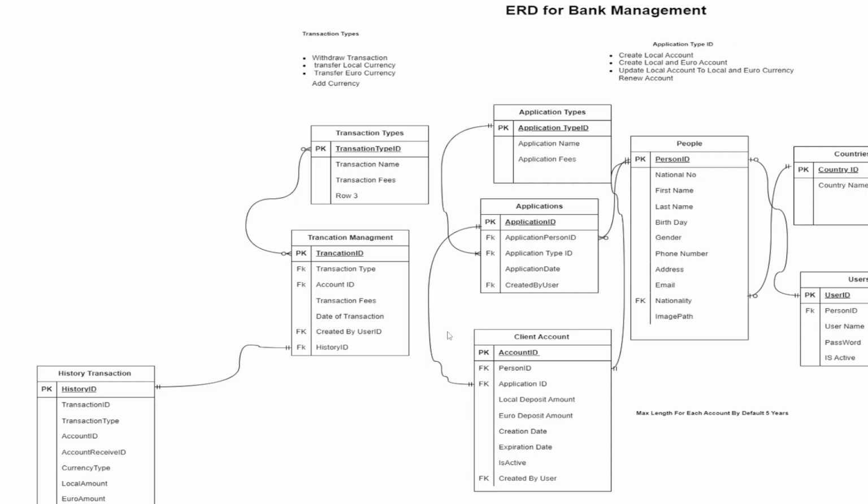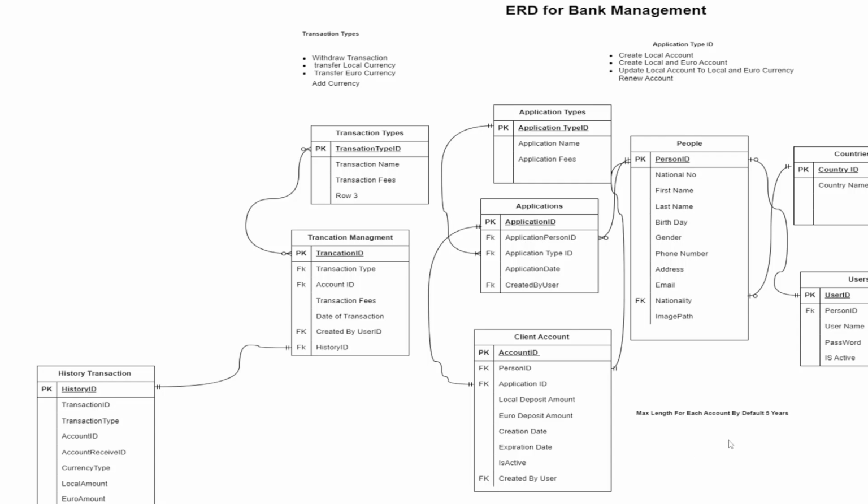And the client table, we have account ID as primary key and person ID as foreign key. Application, which application ID they have, and the deposit amount they have, local and euro deposit, and created date and expiration date.